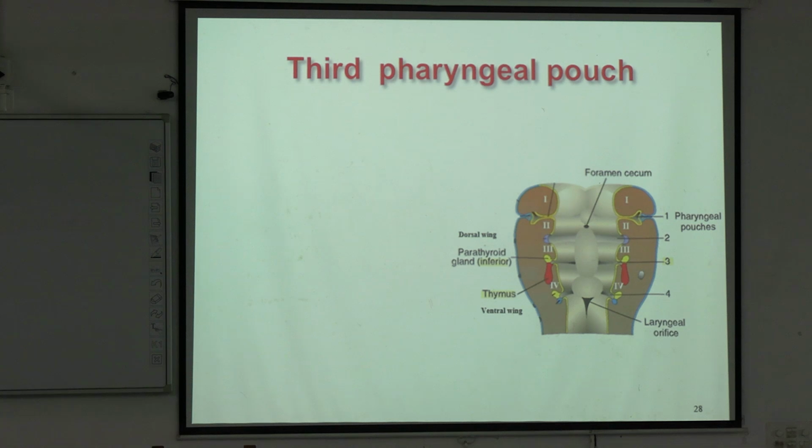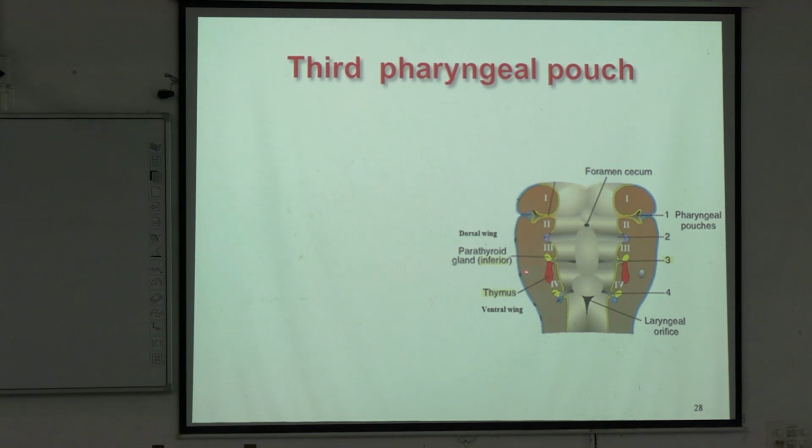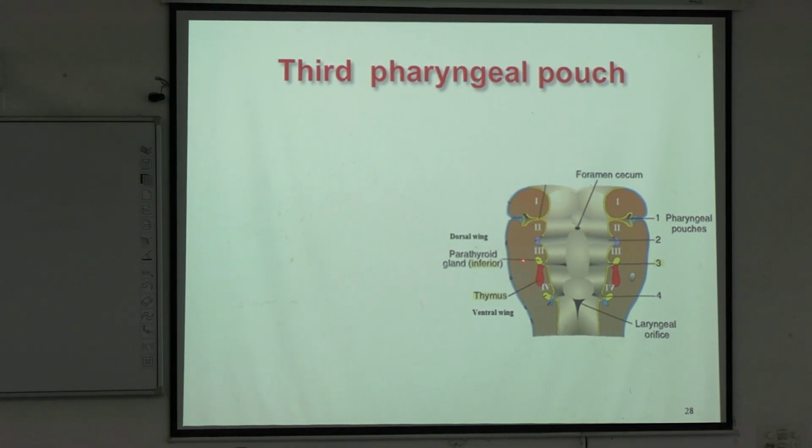One is an endocrine element, the parathyroid gland. The other is a must-have lymphoid organ. If this thymus is not developed, we are kind of lost. We'll see why. This lower part develops into the thymus and this one forms the parathyroid gland.